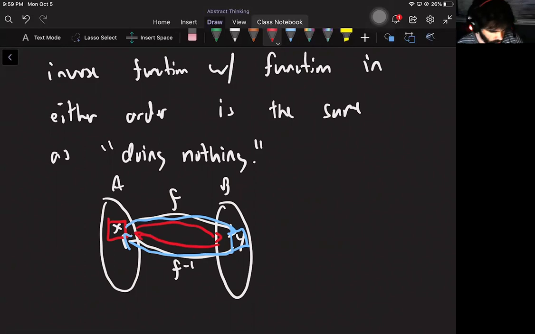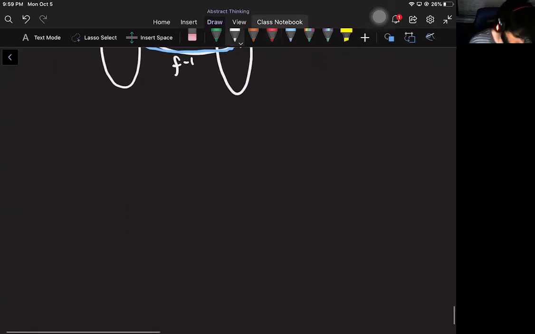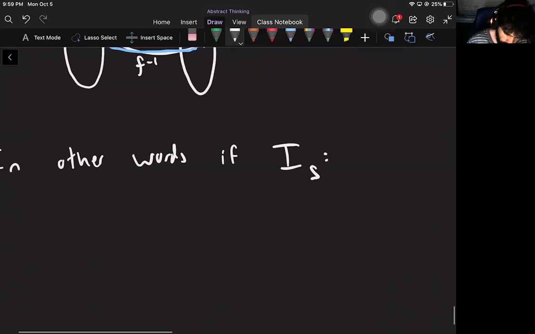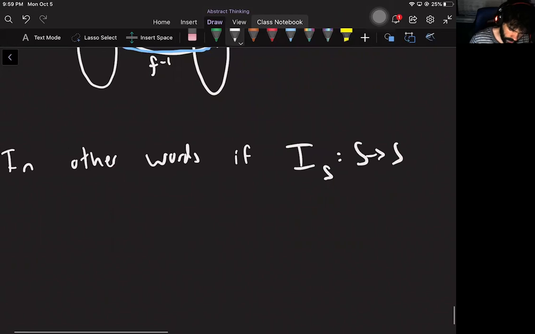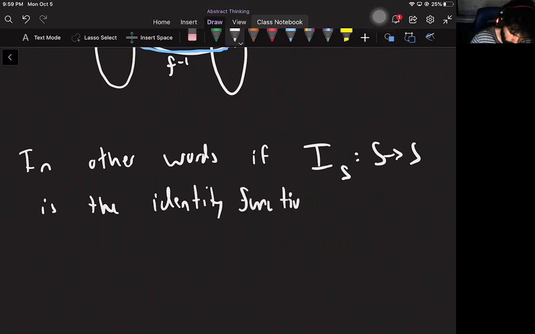But in fancier terms, which we figured out in the lecture problems, we can restate this. In other words, this is called the identity function on S, and you can change S to whatever set you want.